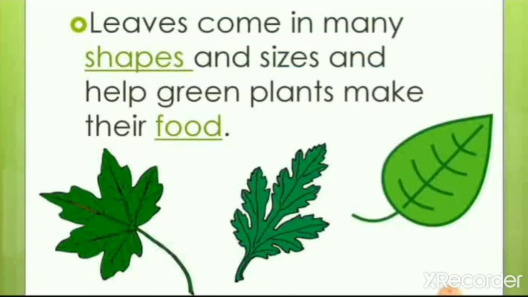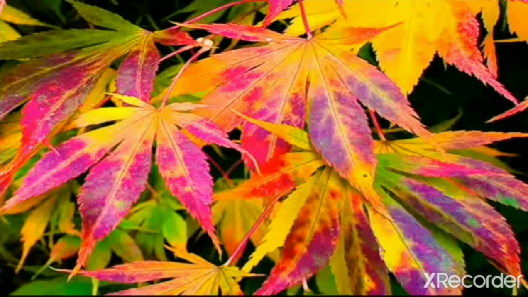Leaves come in many shapes and sizes and help green plants to make food. You can see here that leaves make food for green plants. Let's see some different colors of leaves. Here are leaves colored in purple, red and yellow.